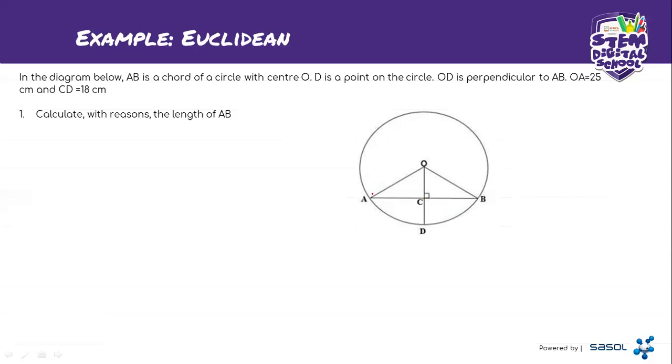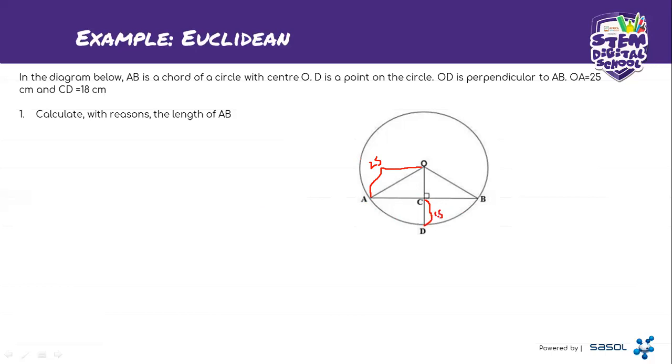Then we can see that this length, which is the radius, is 25. This is 25. All right. And then we also have CD, which is 18.